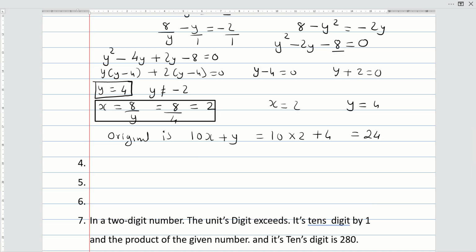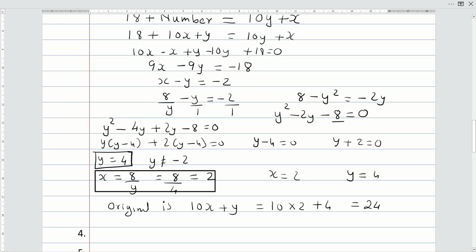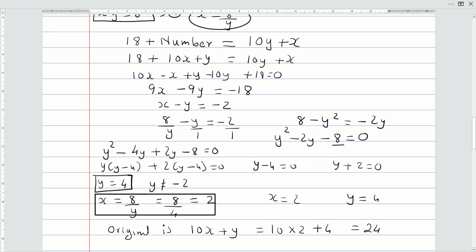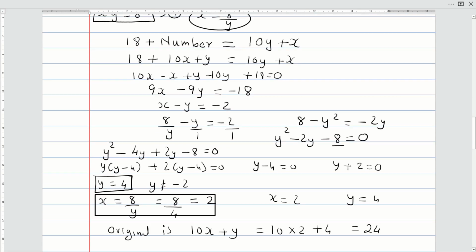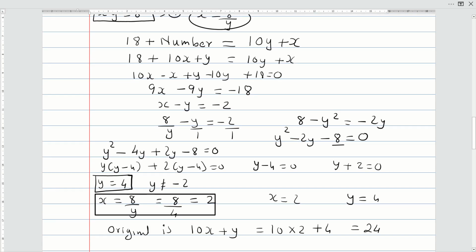By substituting in the condition. If 24 plus 18, what is 24 plus 18? That comes to 42. It's the reverse of 24. So the answer is correct. I hope you understood the three sums which were there on numbers.